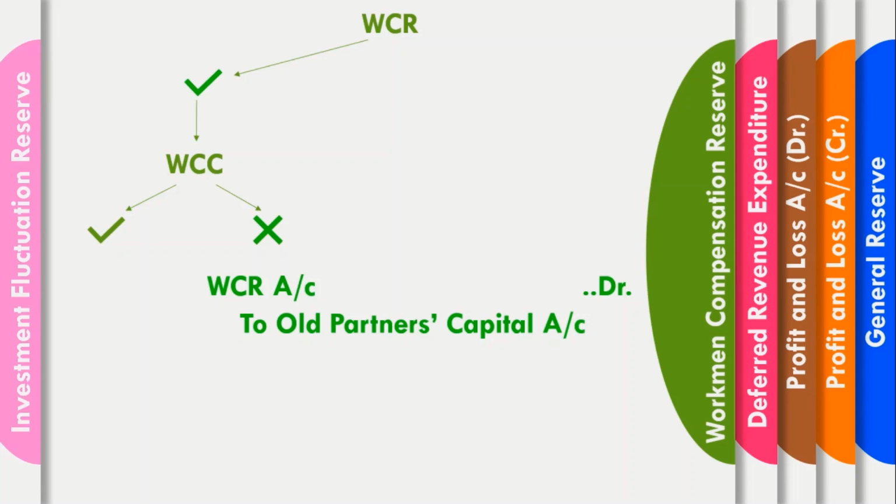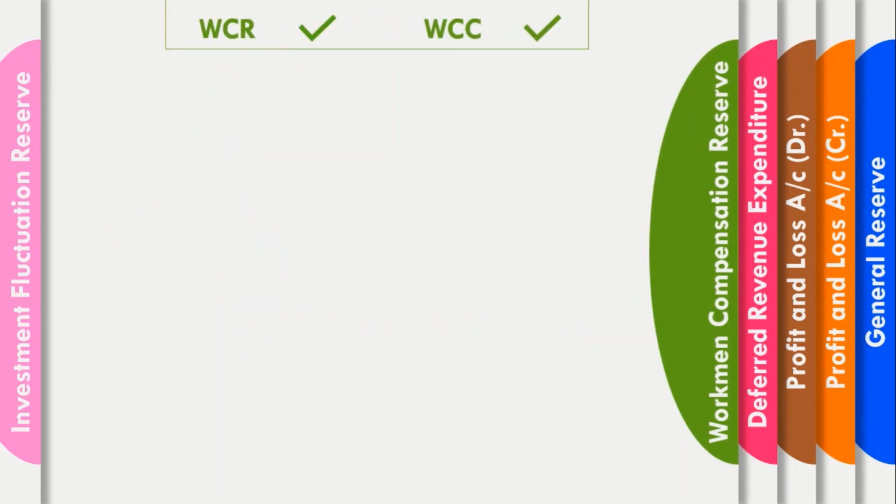Then if both workmen compensation reserve and workmen compensation claims are there, then we will compare the amount of both. If we see that workmen compensation reserve is more than workmen compensation claim, it means we are having more money than what we have to pay. So here first we will debit workmen compensation reserve as we are cancelling or clearing this account.